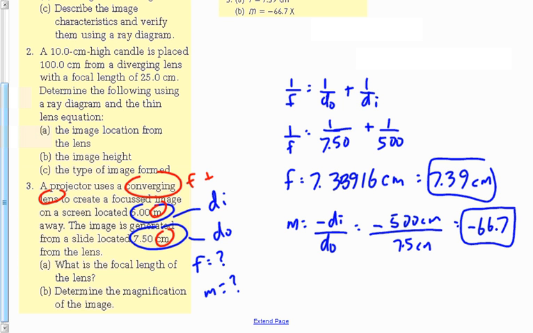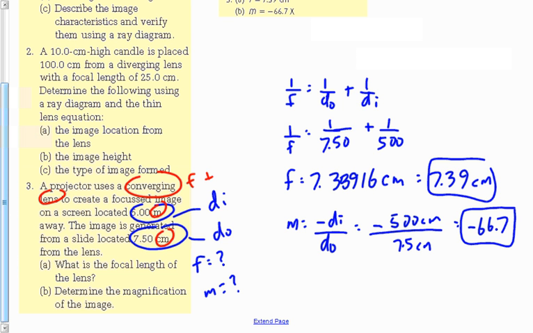What are the characteristics? Larger, smaller, same size. A lot bigger, right? Logically, you've got an LCD projector. You can't see the object inside that projector, but you know it's got to be smaller than the image formed on that screen. You look at the magnification, it's 66 times bigger. Of course it's going to be bigger.